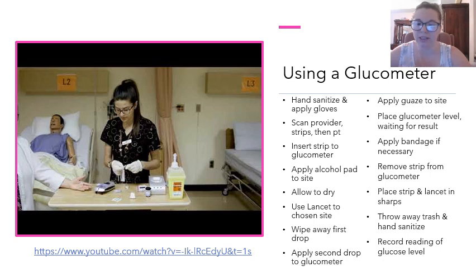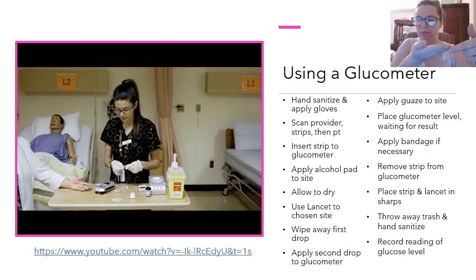All right, so once you get the second drop on there, then you apply gauze to the side, of course. You can ask them to hold it. You put the strip of the glucometer against the blood, and it sucks it up into the strip. Make sure that that glucometer stays level. You don't want the blood going into the glucometer if you raise it up.